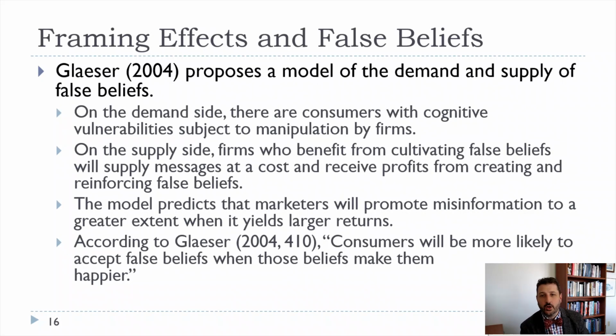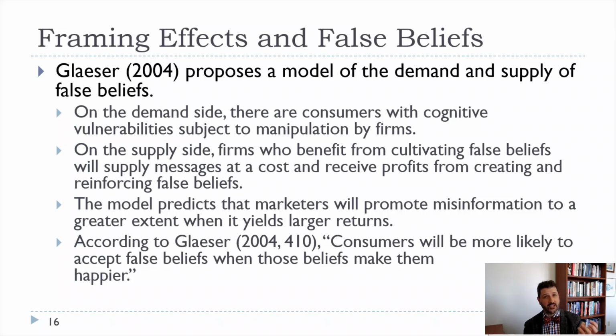So, how do we think about that? Glaeser has a paper where he models the supply and demand of false beliefs. The idea here is that if we as consumers have what he calls cognitive vulnerabilities, just meaning we make mistakes in our thinking, then that is open to manipulation by firms.